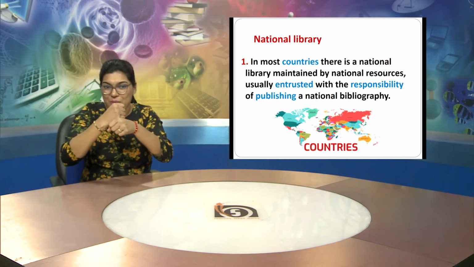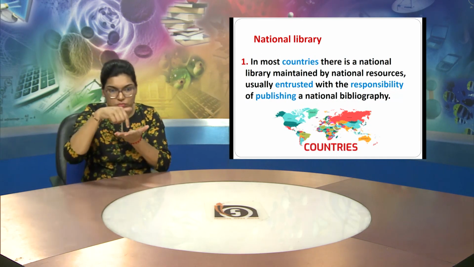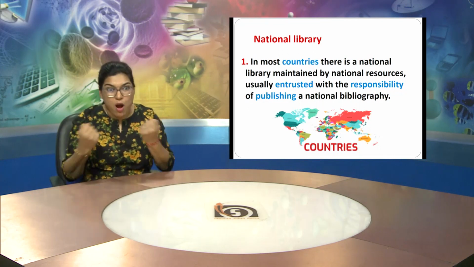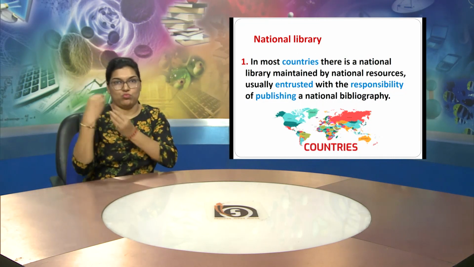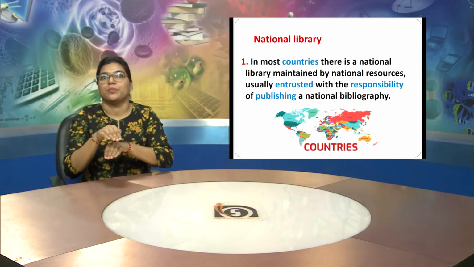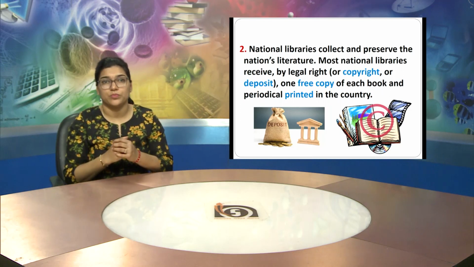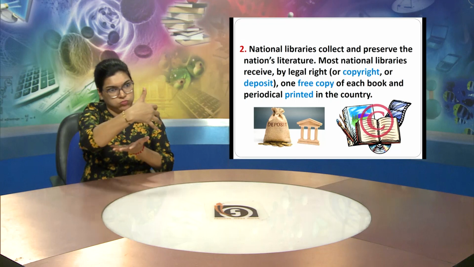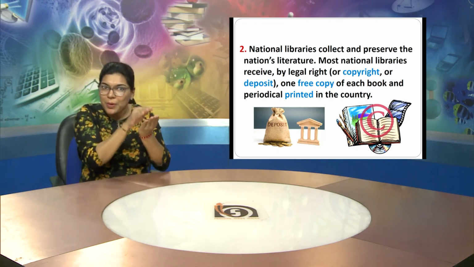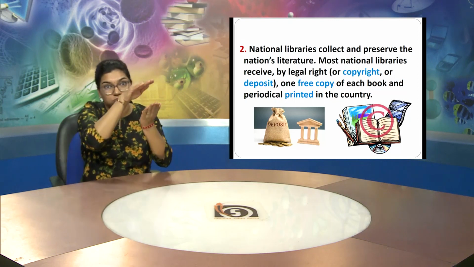Because these libraries are at the national level, they have the information related to their own country. The second point explains that national libraries collect and preserve the nation's literature.